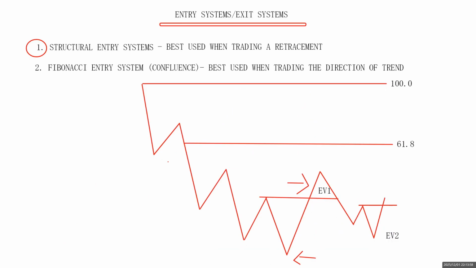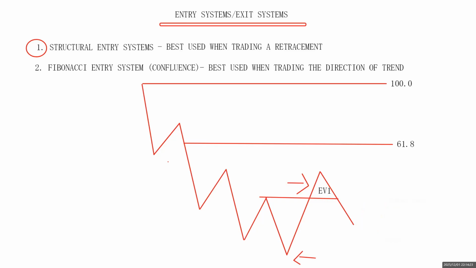Then we are buying at the break of structure after the discount. Like I said, price pulls back to 61.8 for the discount. So after the discount, if we see a break of structure again, this is EV3. And these are the structural entries that we are able to use in order to make profits in the Forex market.